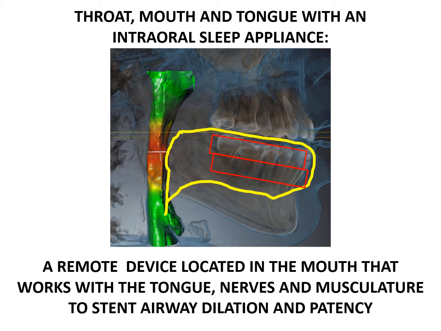Throat, mouth, and tongue shown here with an intraoral sleep appliance, as you see diagrammed in red. A remote device located in the mouth that works with the tongue, nerves, and musculature to stent airway dilation and patency.